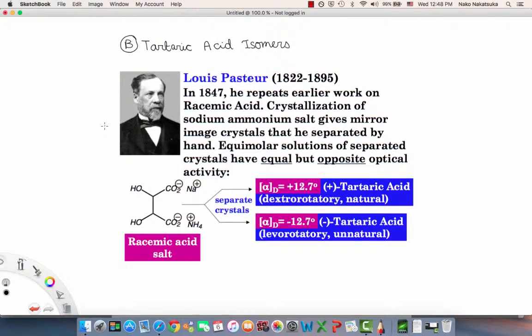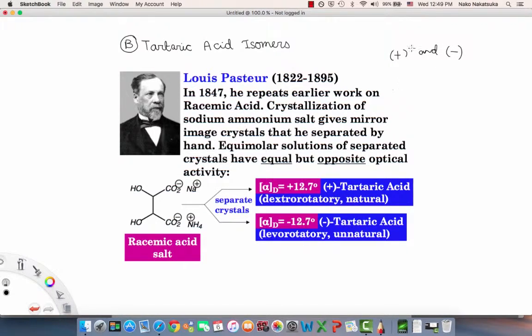So we're still on tartaric acid isomers, but now in 1847 came Louis Pasteur. And what he did was he actually separated the racemic acid. So remember, we had the tartaric acid isomers, and we also had the racemic mixture in addition to the meso compound. And he actually separated the racemic acid, the ammonium sodium salt, into plus and minus isomers.